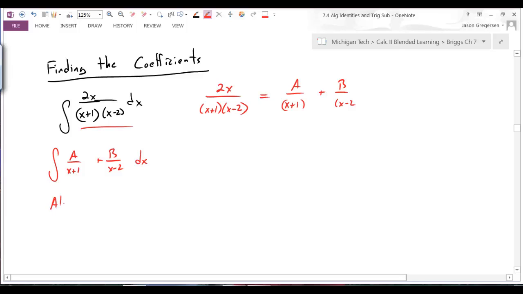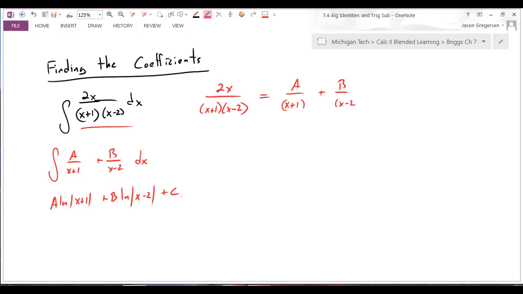It's just A times the natural log of the absolute value of x plus 1, plus B times the natural log of the absolute value of x minus 2. So as long as I can write it in this form, the integration becomes easy after that. That's the goal here. I can almost write out the solution right away, and I just got to figure out what A and B are. So to find A and B, we have this algebraic equation.